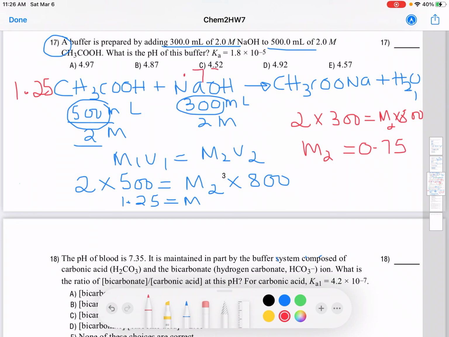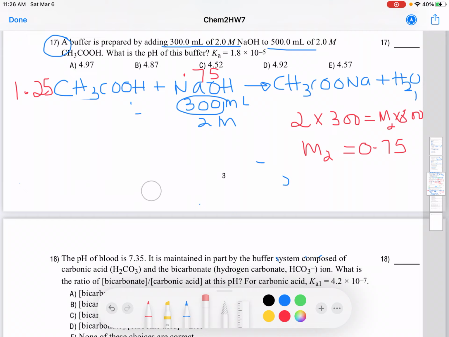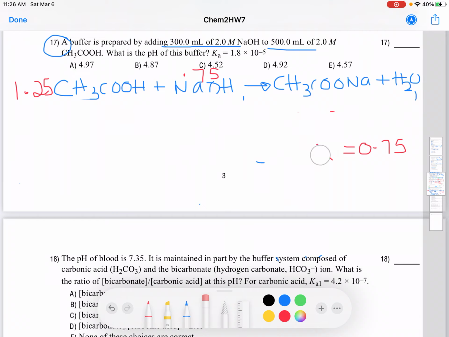That's sodium hydroxide. So we found the concentrations: sodium hydroxide 0.75 and acetic acid 1.25. Now we're going to use those values to construct our ICE table. I just showed you how to get the concentrations.